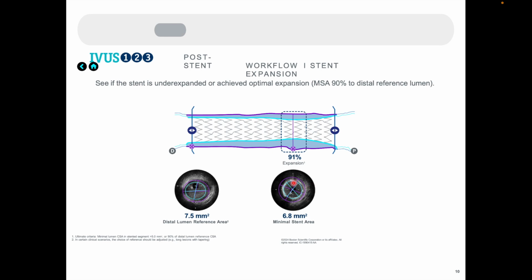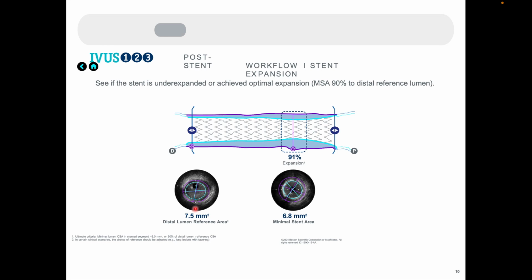This round circle in the light blue is showing the minimal stent area. This is 6.8 mm², and the reference MLA, which is lumen to lumen, intima to intima, you put this blue circle here, and this MLA is 7.5 mm².